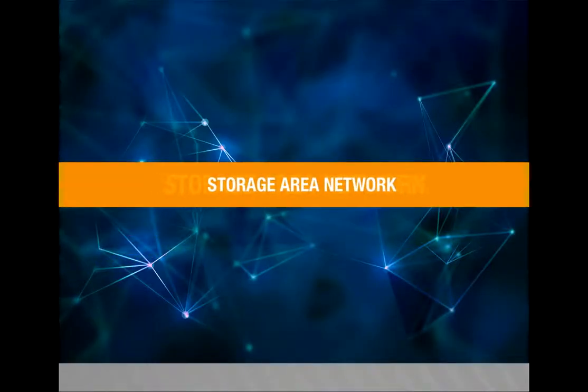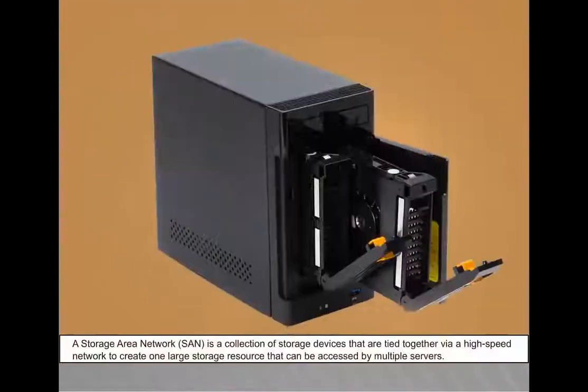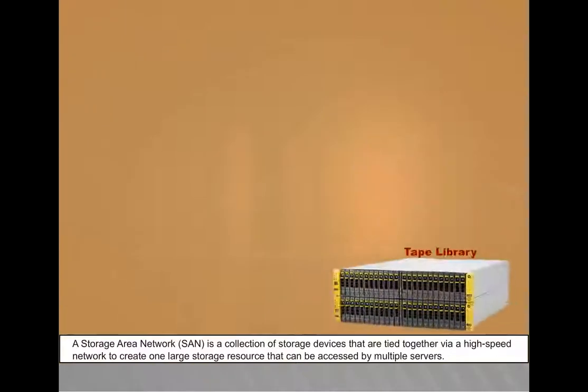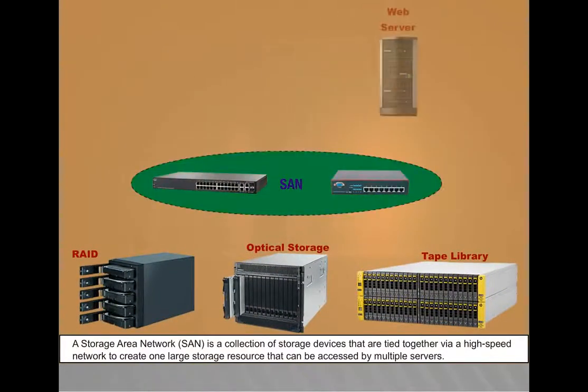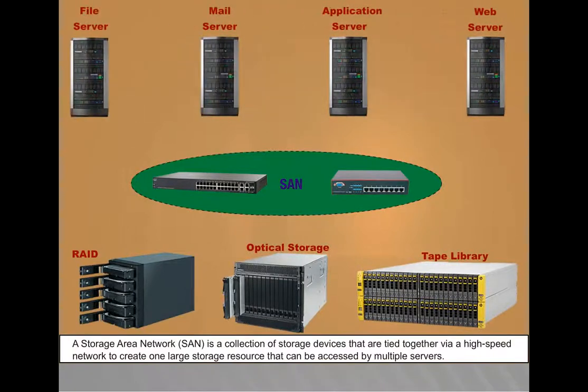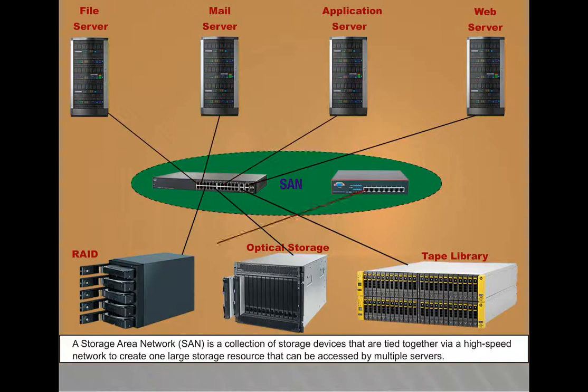Storage area network. In this video, we are going to see storage area network. A storage area network (SAN) is a collection of storage devices that are tied together via a high-speed network to create one large storage resource that can be accessed by multiple servers.